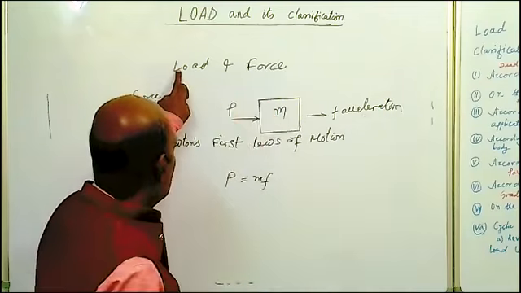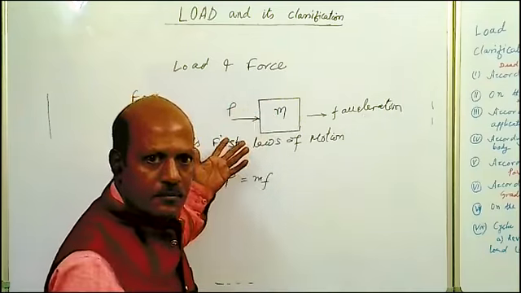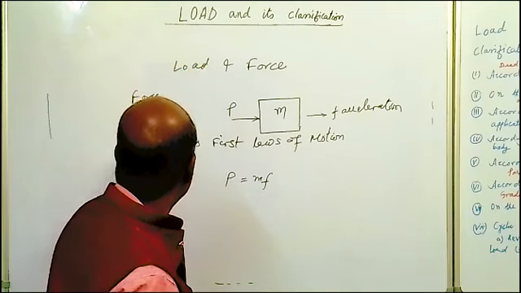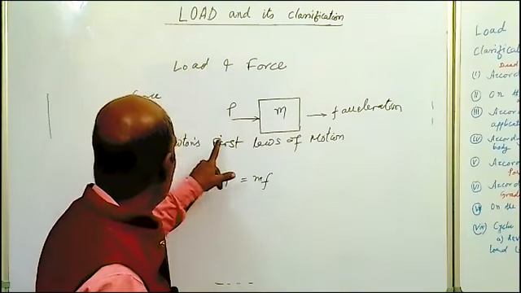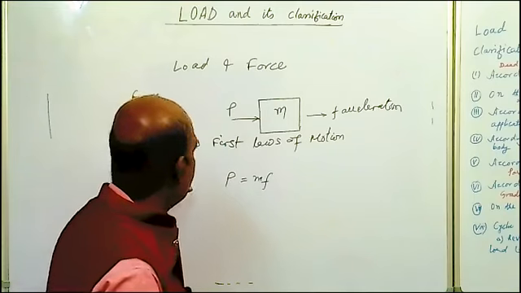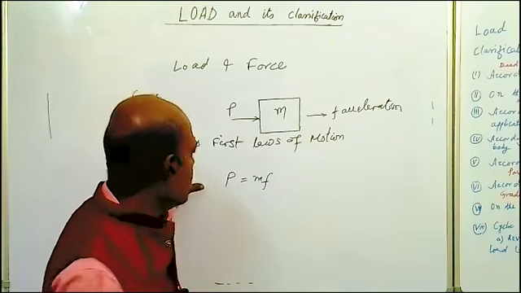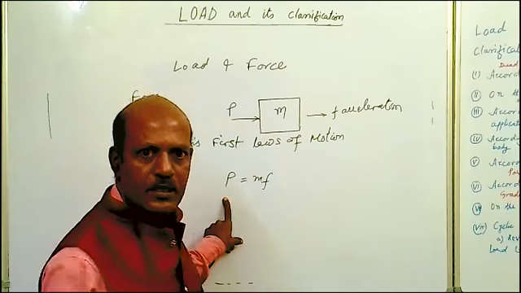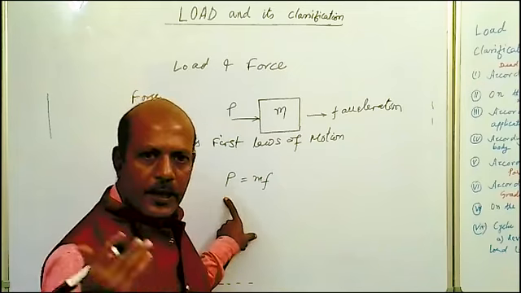So load and force are the same term; the definition of force or load is obtained by Newton's first law of motion, the measurement of force by Newton's second law of motion, and mathematically it is given by P = mF.